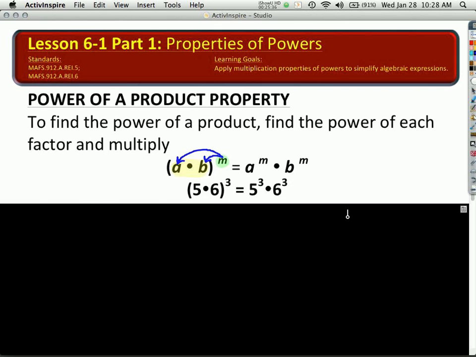So here's a concrete example. 5 times 6 to the third power will mean that we take the 3 and it gets applied to the 5, and we take the 3 and we apply it to the 6, and rewrite the whole expression as 5 to the third times 6 to the third.